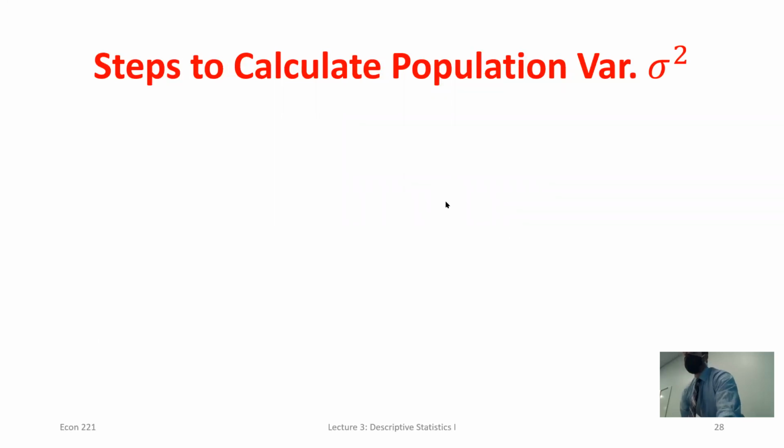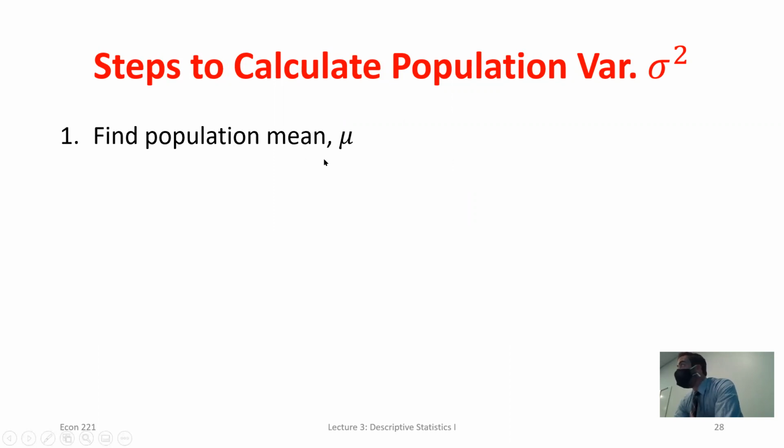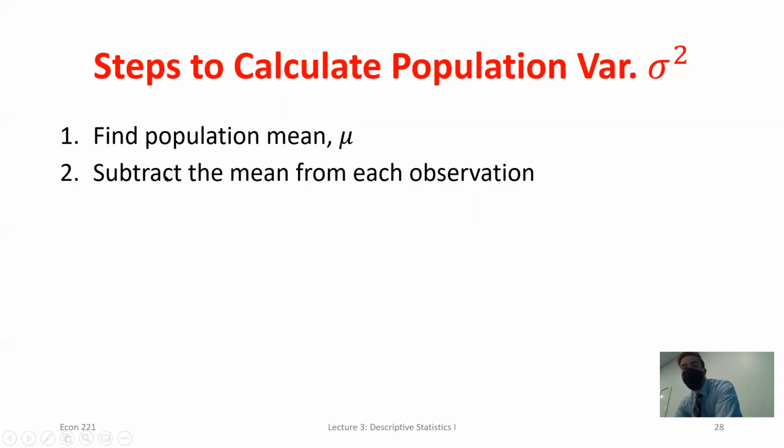So if we want to go through verbally what those steps are, right? I'll probably say it a couple different times today, but we're going to have to calculate this variance, so I want you to really get this locked down. The first thing we need, remember, we were finding those deviations from the mean, so we need the mean, right? The very first thing you need to do is calculate what the mean is, or if it's given to you. Next, you go through every observation, and you subtract the mean from that observation's value for that variable.